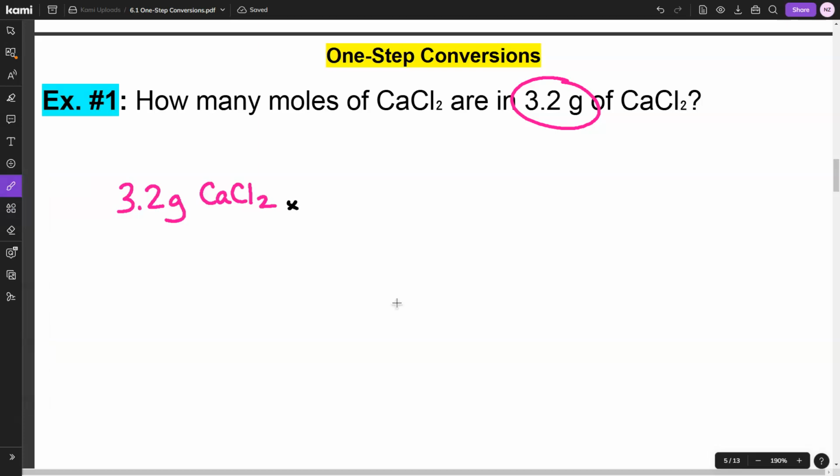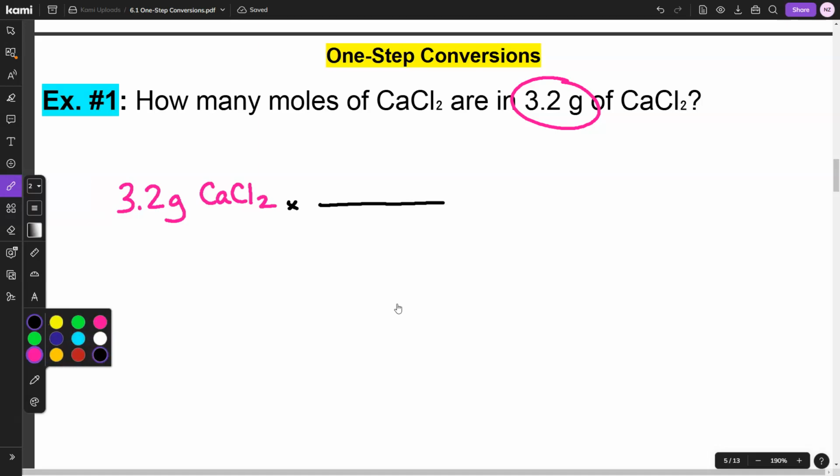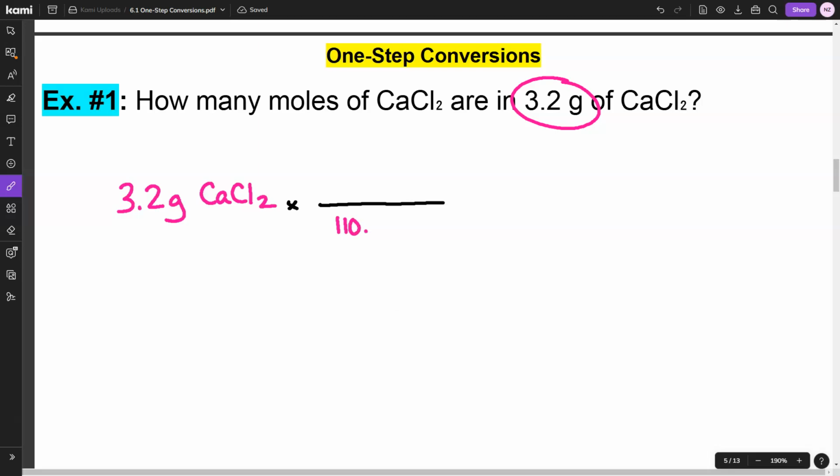Now, I'm going to use the molar mass. If you don't know how to find molar mass, you should go back and watch my video on how to find molar mass. So I've already calculated the molar mass in advance. The molar mass here is 110.98 grams of calcium chloride. That's how many grams are in 1 mole of calcium chloride.